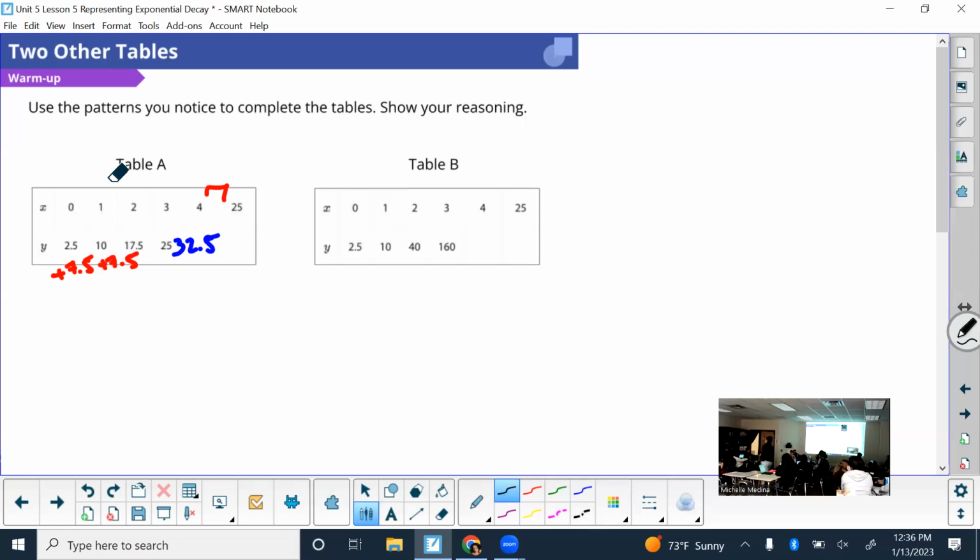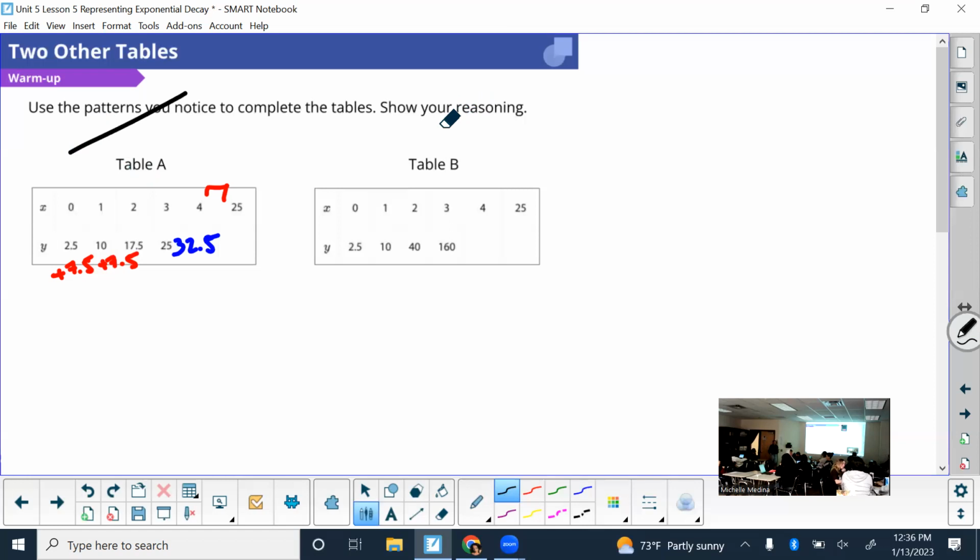If my y increases by 7.5 each time, what would my graph look like? Straight line. A straight line is what I was looking for. What would the graph look like if you add or subtract the same amount each time? It would be a straight line, right?